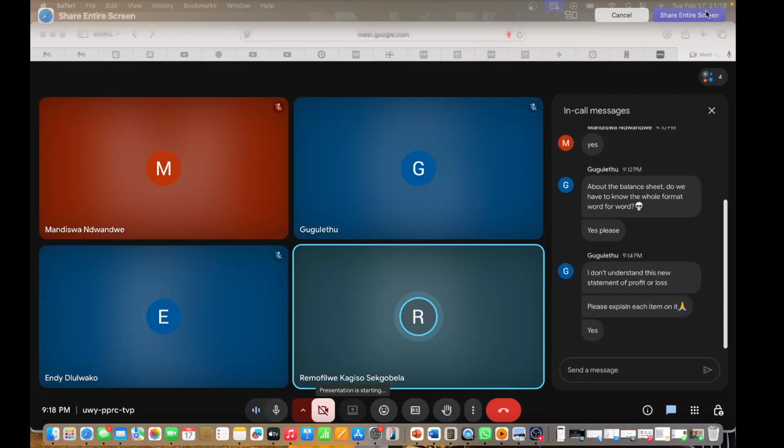Here, this is where we're going to put them. Our bad debts expenses are going to fall under this. You see here where there's this bracket, that's where we're going to put all of our expenses.